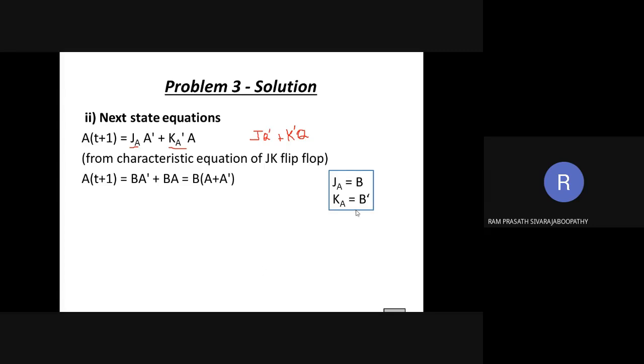KA equal to B bar. When you substitute, there is a complement on top, so B bar whole bar becomes B. So BA. Taking B common in both, A plus A bar. So finally it becomes B. Any doubt? Up to this, any doubts?